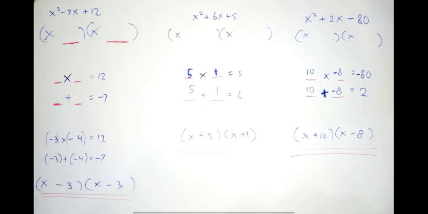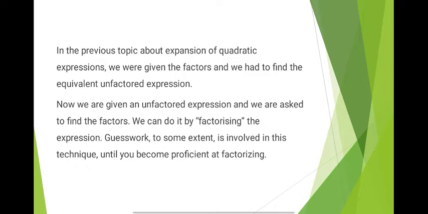That's the thing. So what number times what number is 12, and what number plus what number is -7? The answer is -3 and -4. This is where the guesswork comes. So again, I said earlier that you need guesswork, to some extent, involved in this technique before you become proficient.